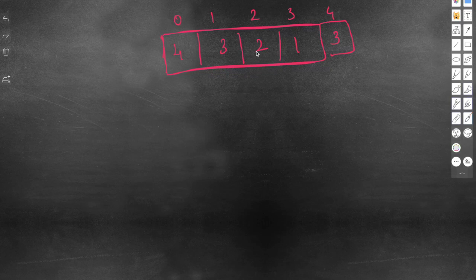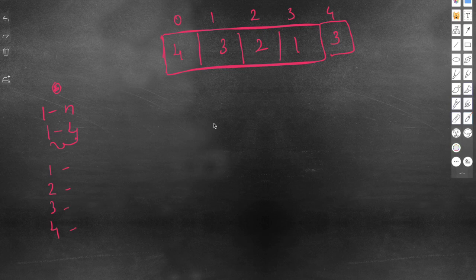We know that the elements are going to be 1 to n. In this case it is 1 to 4, so these are going to be the keys in my map: 1, 2, 3, 4.